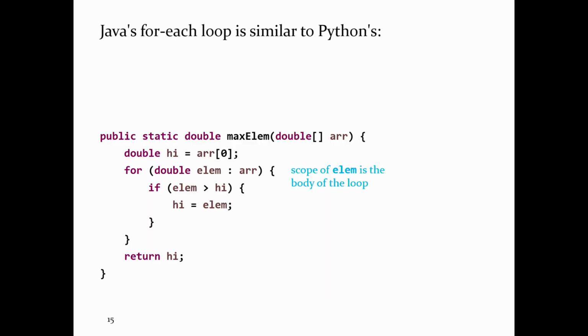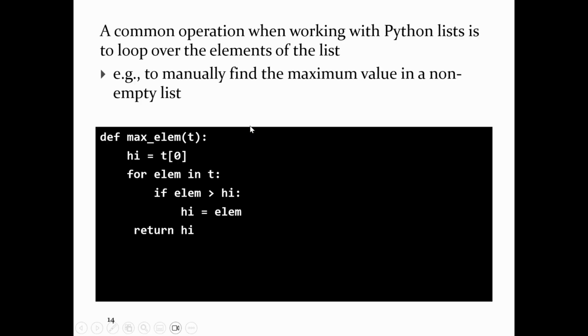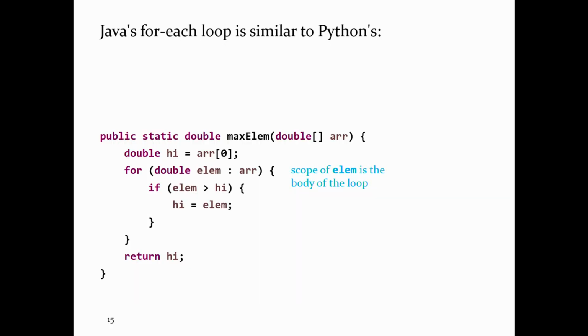Okay, so Java also has a for each loop. I want to make a Java method, so public static. Now remember, Java methods, if they return a value, you have to say what type of value it's returning. So to determine that, I have to decide what kind of array I am looping over.